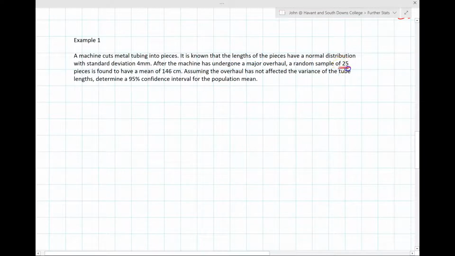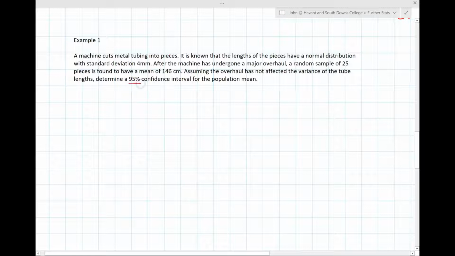The sample size of 25 is on the small side, as we really want to be over 30 to be considered large enough, but that's fine so long as the parent distribution is normal and the variance is known. The overhaul has not changed the variance, and the standard deviation is given, so the variance is known. So we can use the Z distribution.